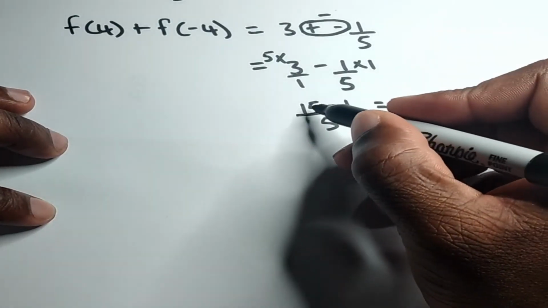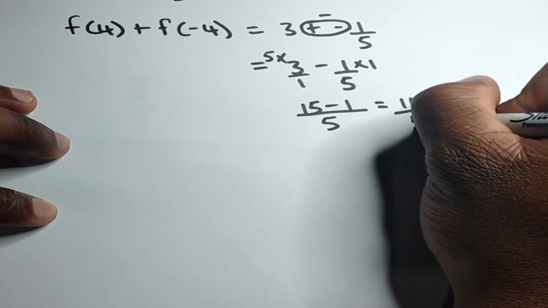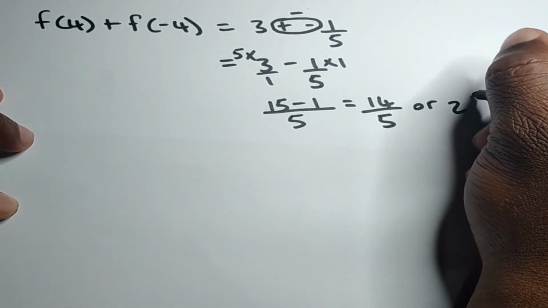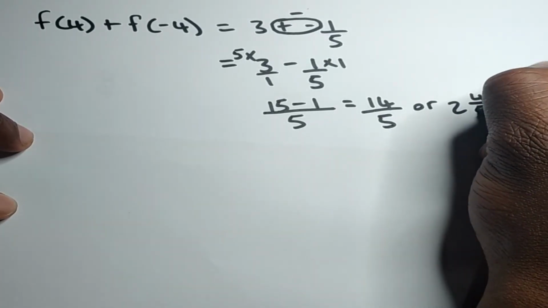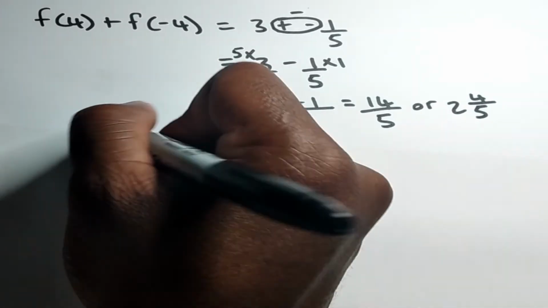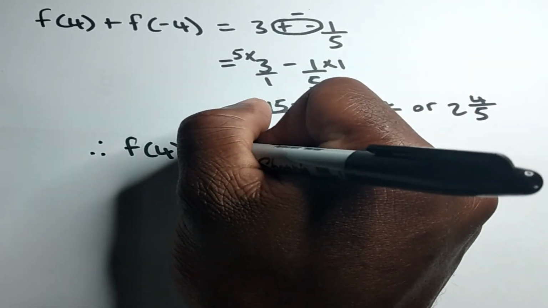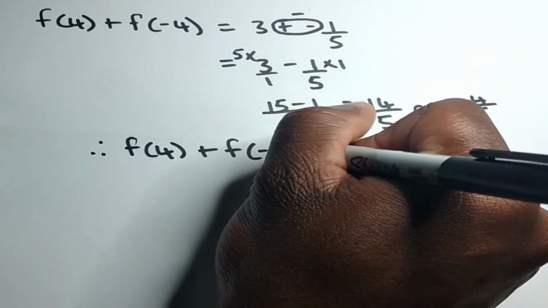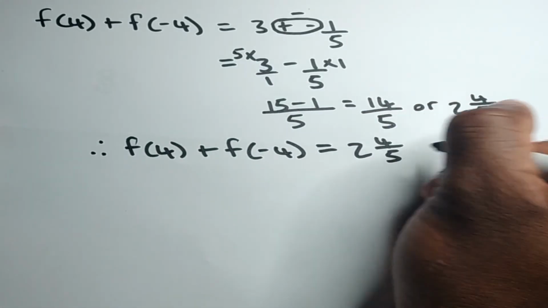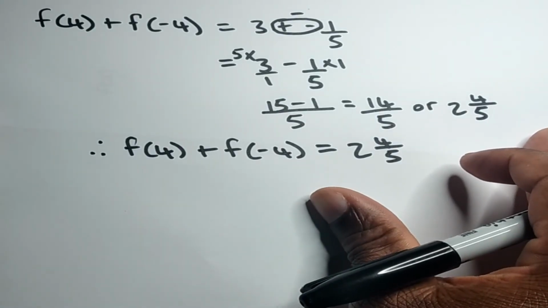If we simplify, 15 minus 1 is 14 over 5, or we could write this as 2 and 4 over 5. So therefore f of 4 plus f of negative 4 is equal to 2 and 4 over 5. This is our answer for part 1.